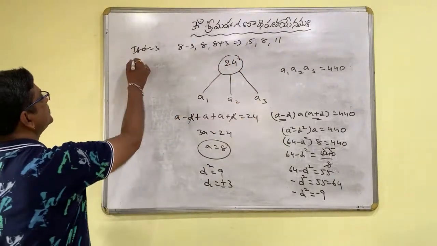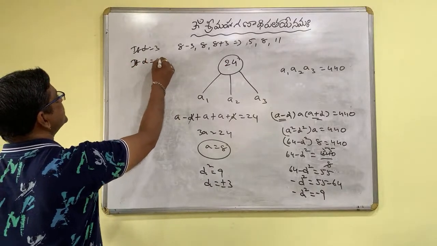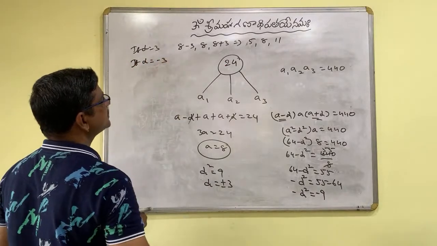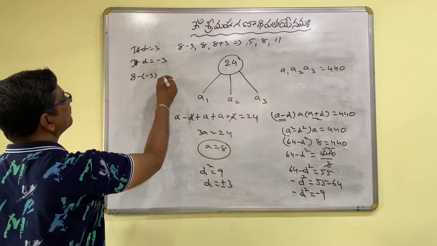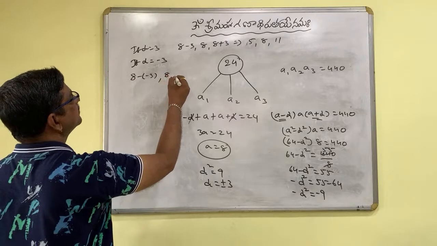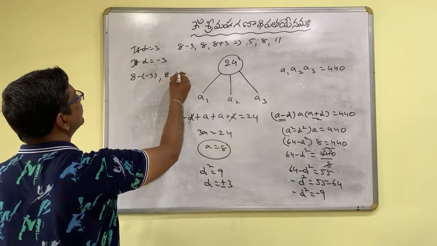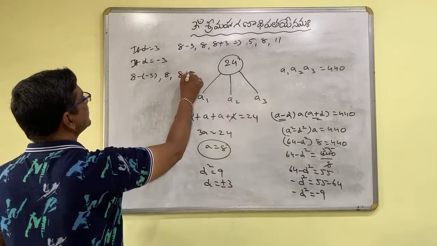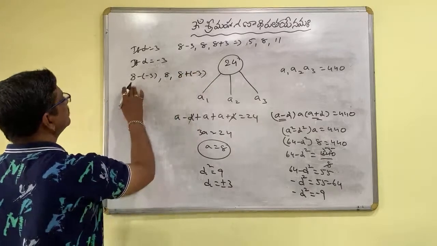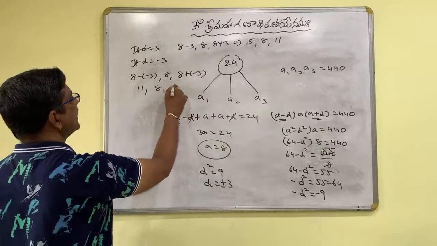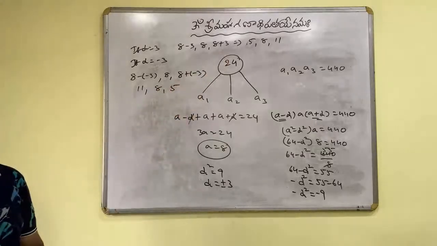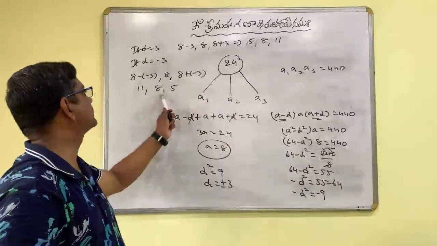Now, what happens if D is minus 3? If D is minus 3, 8 minus of minus 3, 8, 8 plus of minus 3. So what will we get here? 11, 8, 5. You will get the same numbers.